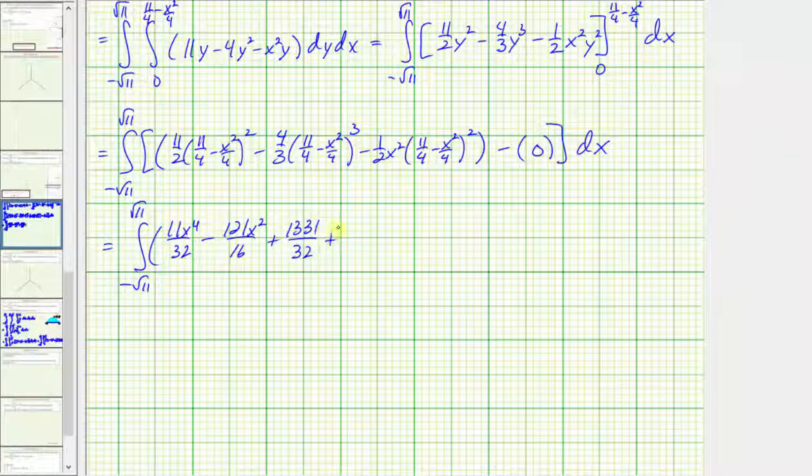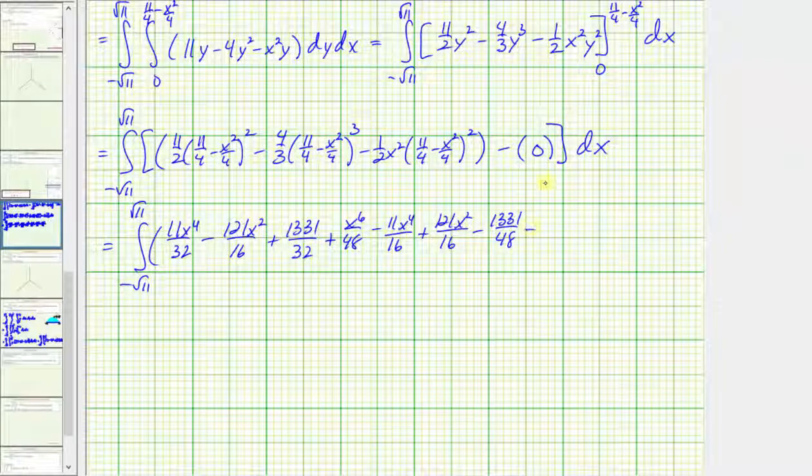Then we'd have plus x to the sixth divided by 48 minus 11x to the fourth divided by 16 plus 121x squared divided by 16 minus 1,331 divided by 48. These four terms come from cubing this binomial and then distributing negative 4 thirds.